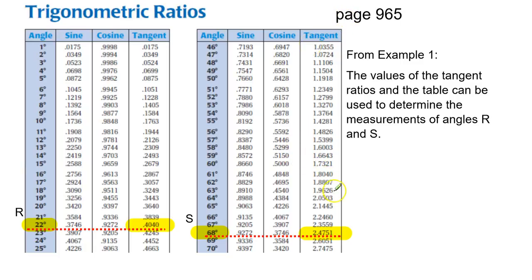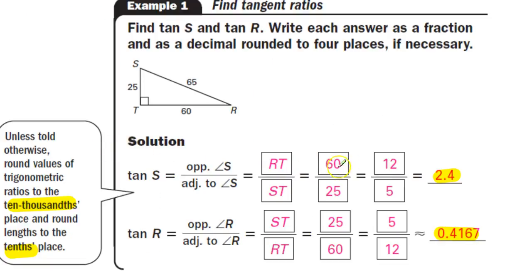For example, the first trigonometric ratio we got had a value of around 2.4. All right triangles that have a tangent ratio of 2.4, in this case 2.4751, have an angle measurement of 68 degrees, again going back to the previous videos on similar triangles. So angle S is approximately 68 degrees.